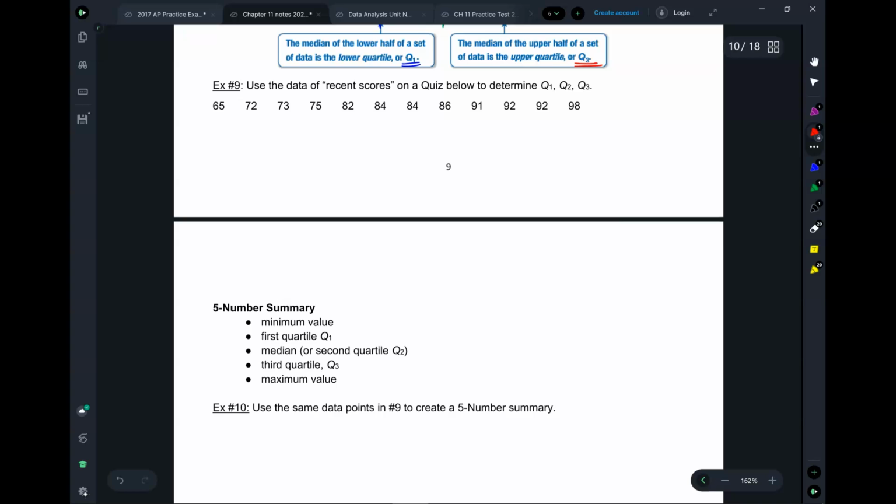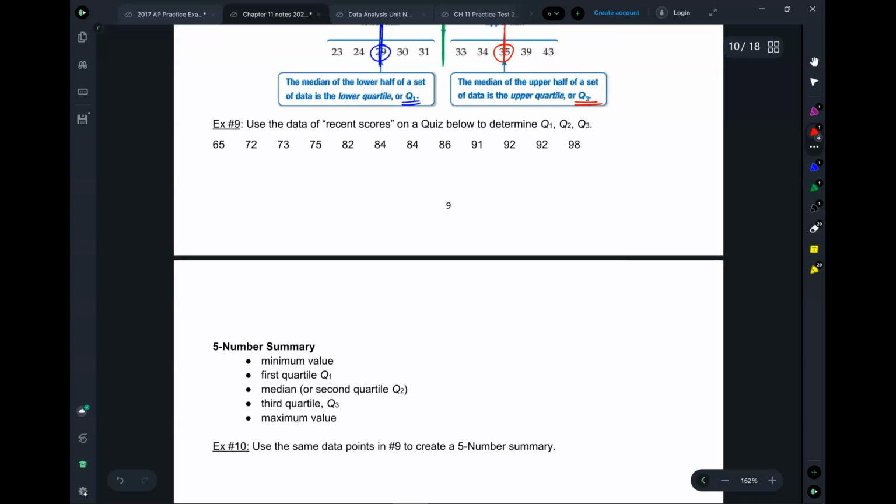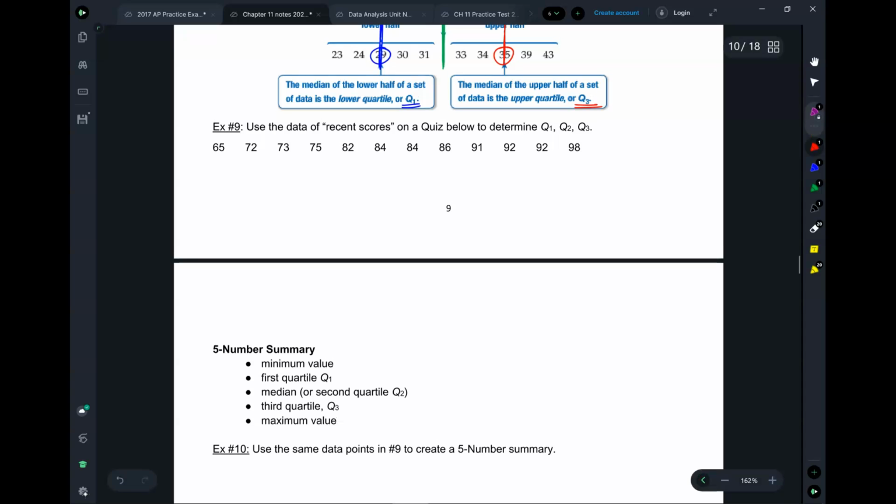All right, so let's put these into quartiles. The first thing you have to do is make sure your data is sorted from decreasing to increasing, which this one is. How many total are there here? 12. Okay.